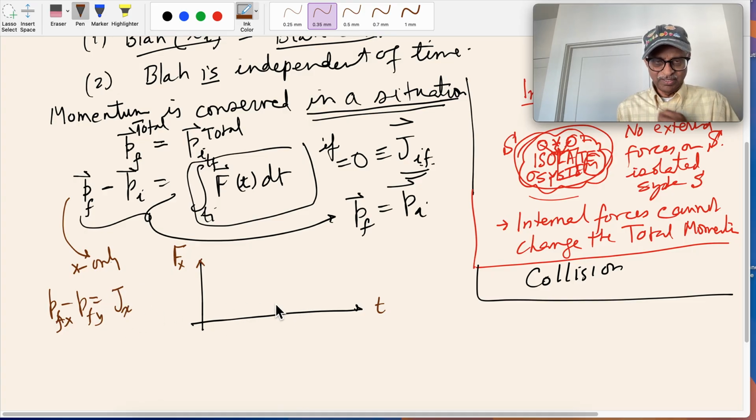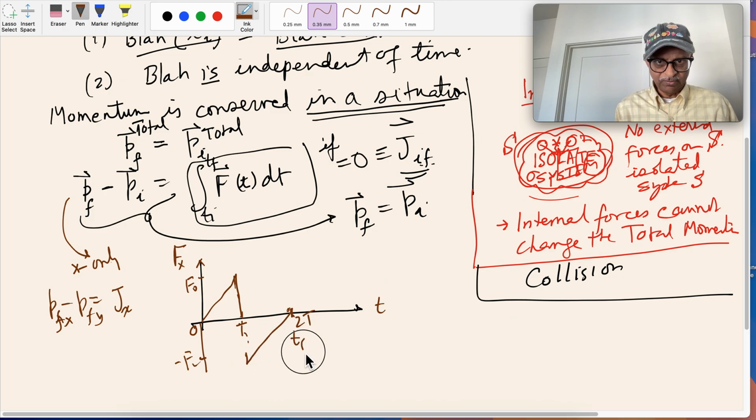So if you look at this and you have 0 at some time t, and this is F0, and here's a minus F0. You flip the direction, you come down here and go to 2t.